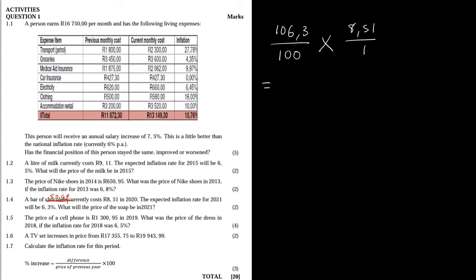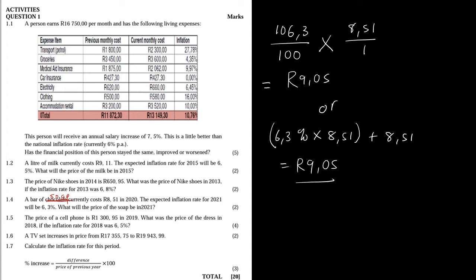And our answer would be 9 Rand and 5 cents. And remember, like I said, you could say 6.3% times 8 Rand 51, and then add this onto the 8 Rand 51, and that would still give us 9 Rand and 5 cents.